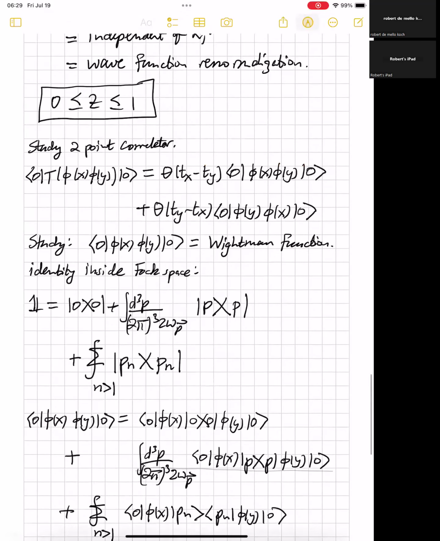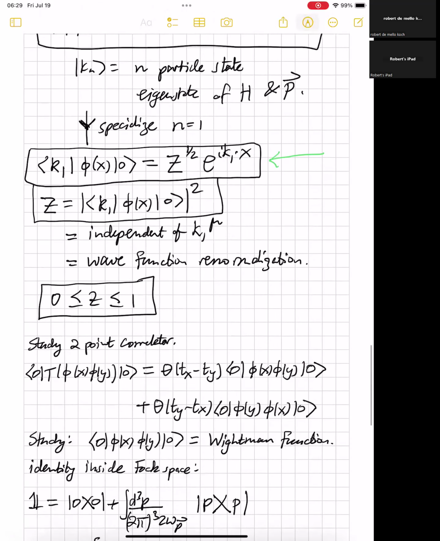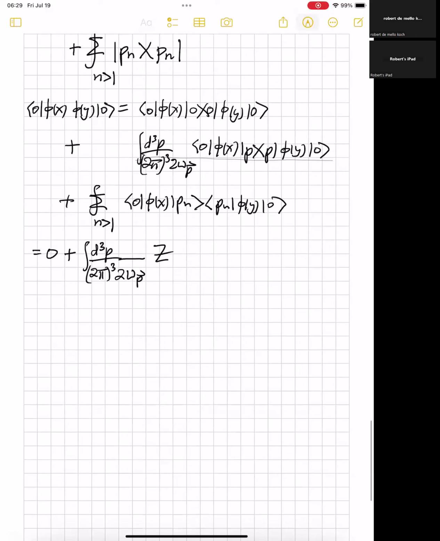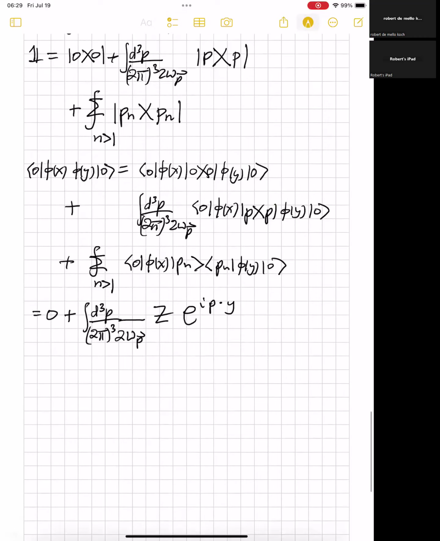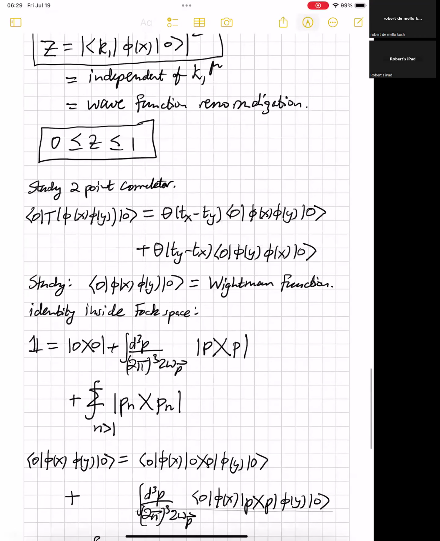And then what matrix element did we study? We studied 0, phi of x, kn, and that gave an e to the i kn dot x. So from this 0, phi of y, p, we'll get an e to the i p dot y. Let me just make sure I didn't screw up the sign. Yes, I didn't. Okay.